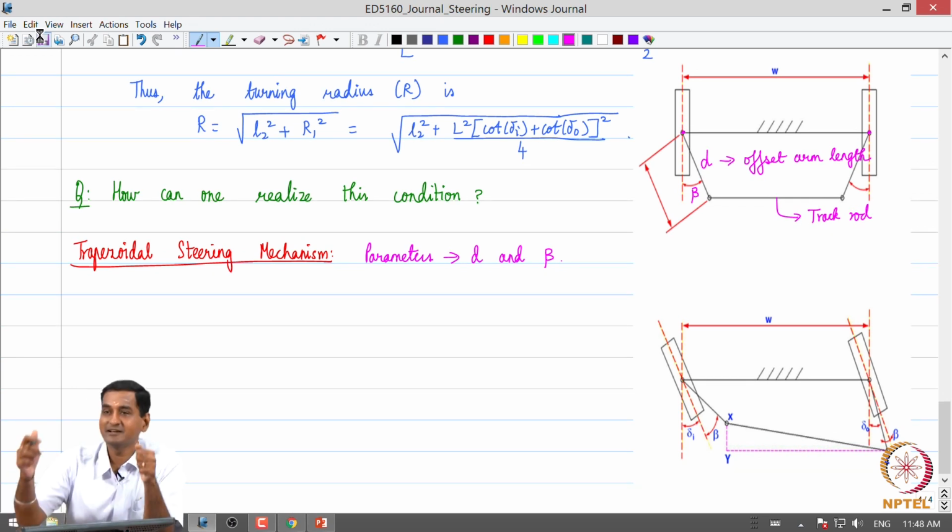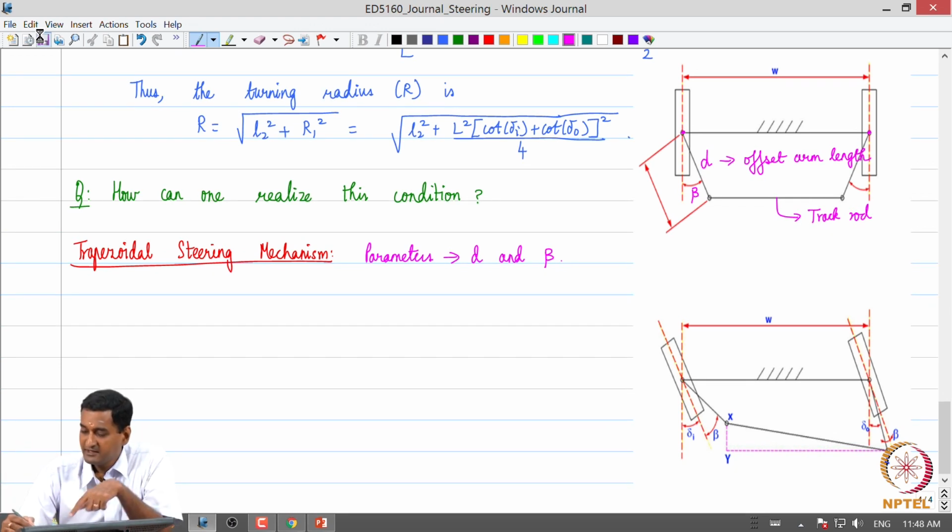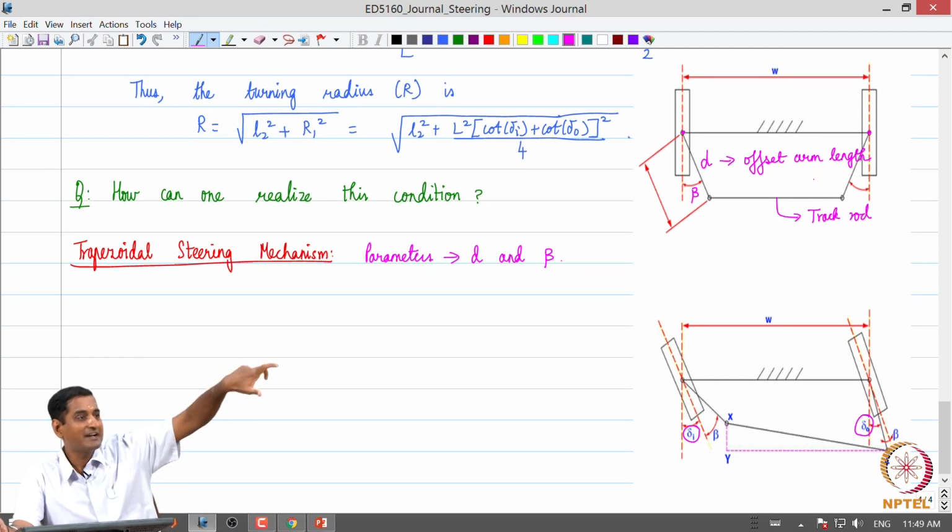Let us say I turn my steering wheel, and this schematic at the bottom is the displaced condition. We can see that the inner wheel is turned by an angle delta I, and the outer wheel is turned by an angle delta O. This angle beta between the central wheel plane and the tie rod, that is the steering arm, remains the same.